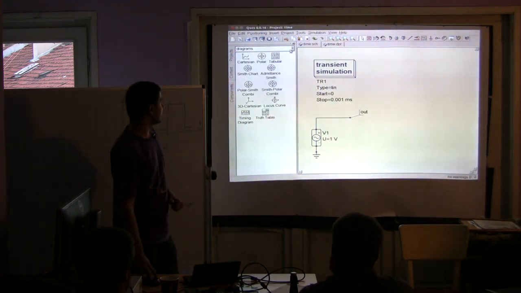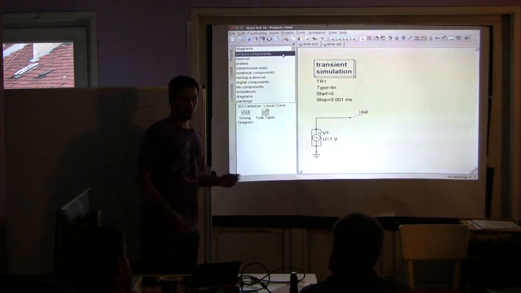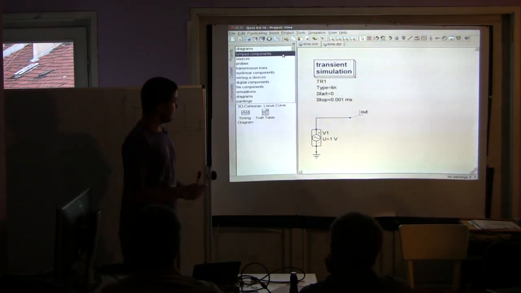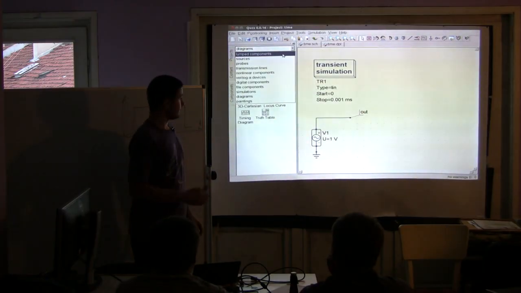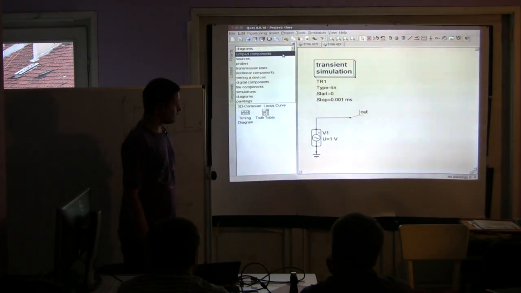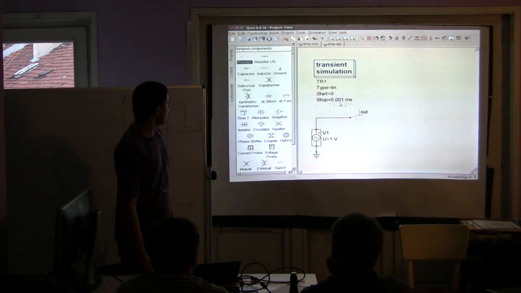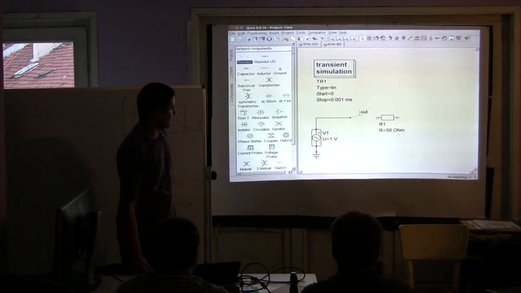We have ideal resistors, and if we want to define some current or resistance, we can place a resistor here.